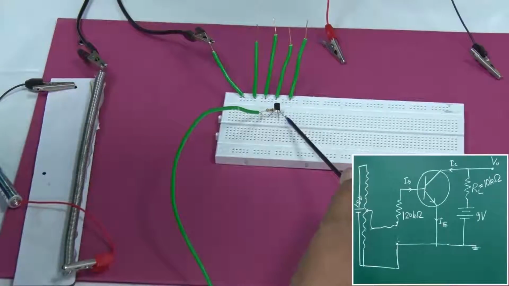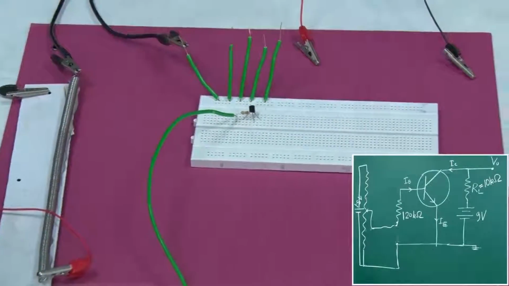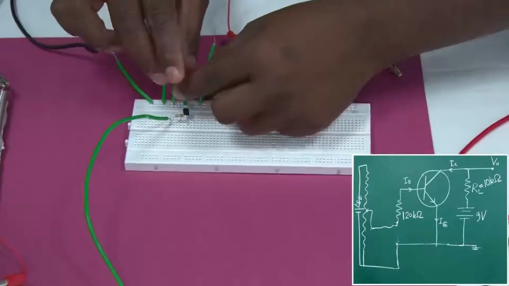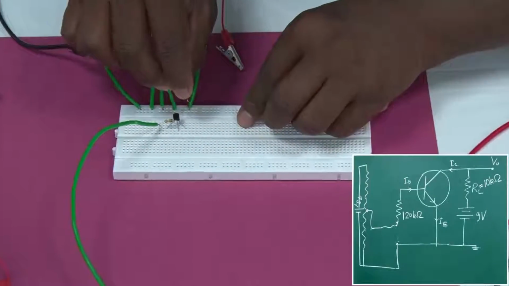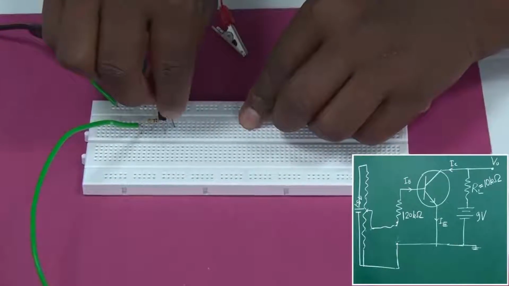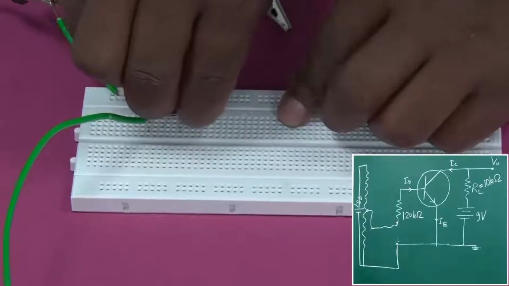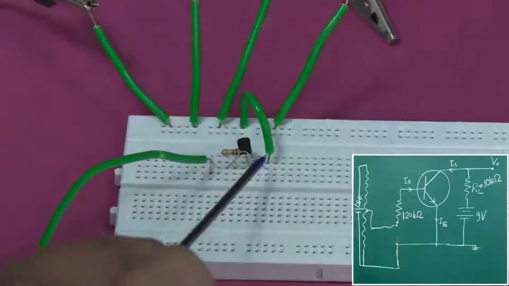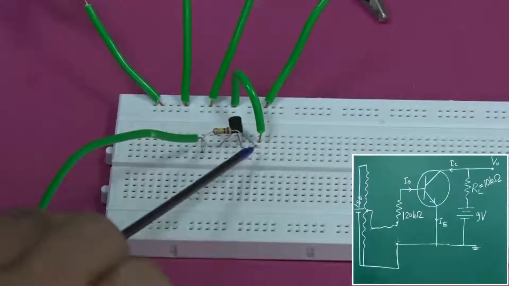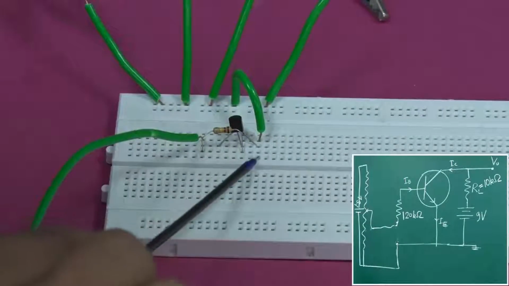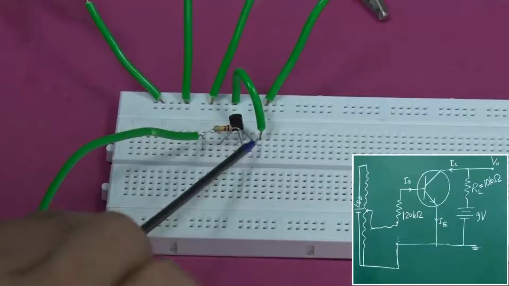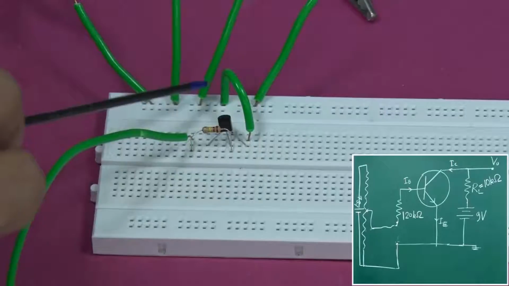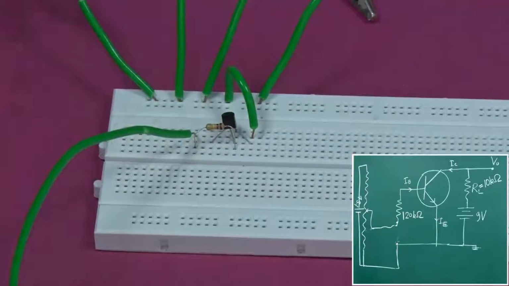So, this should be connected to the ground. Good. So, on the same line along the width we have added this. This emitter gets connected to this point, and this point is connected to this ground 0 potential line. So, the emitter part is over.